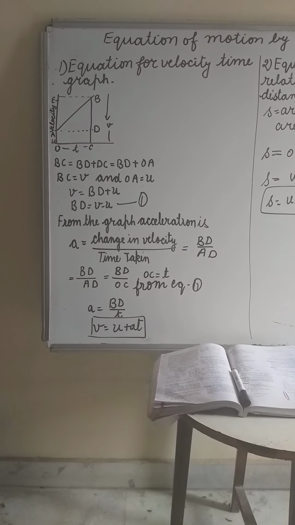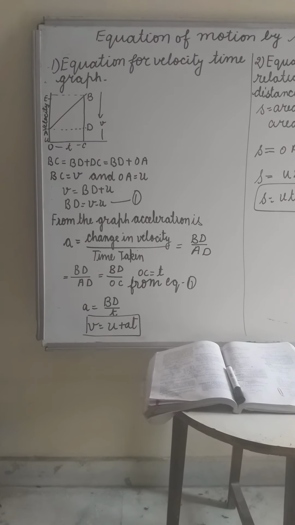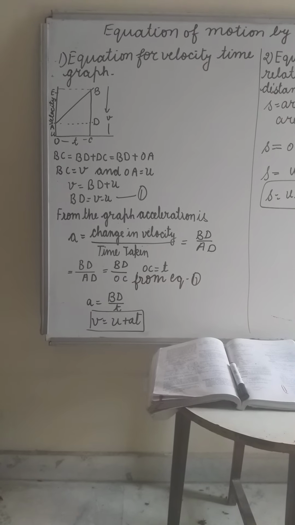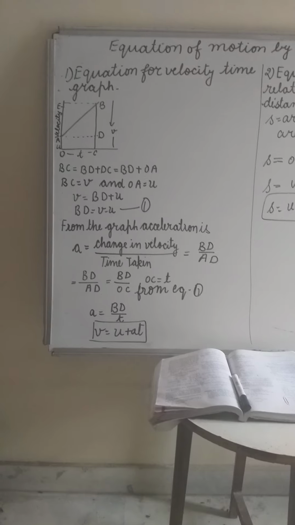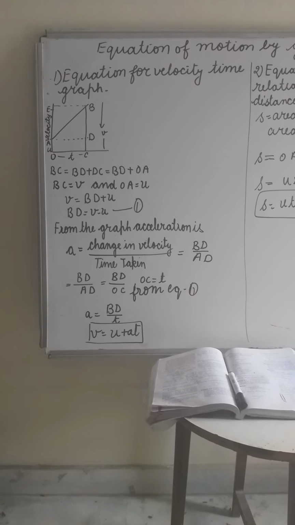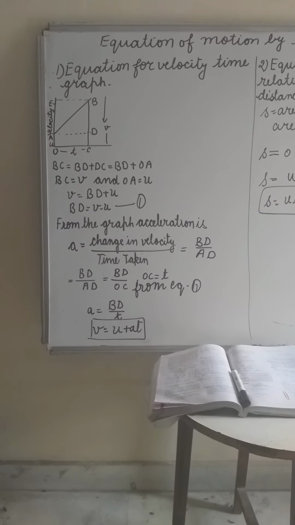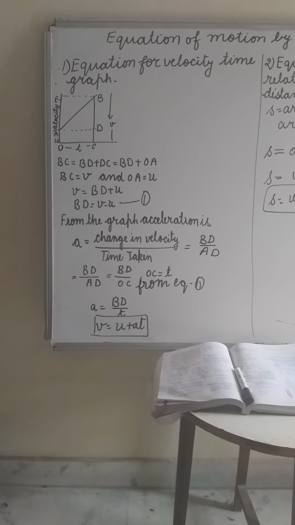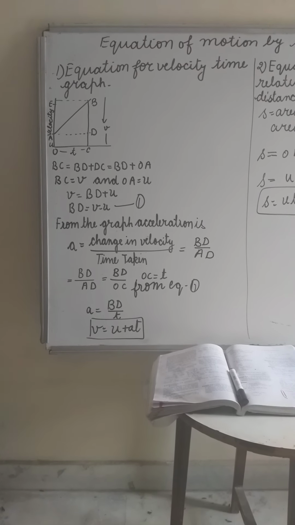On the left side, OA is equal to DC. Here you will need to work hard to understand this definition. So BD plus DC is equal to BD plus OA. So see this diagram carefully: DC is equal to OA.